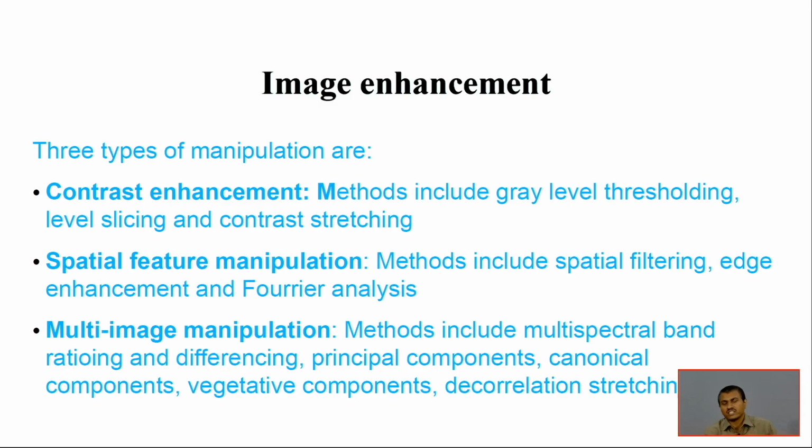If you acquire the image and apply that function, you are going to get a better image in the output. There is also special feature manipulation, applying special filtering and edge enhancement, and Fourier analysis is also done.